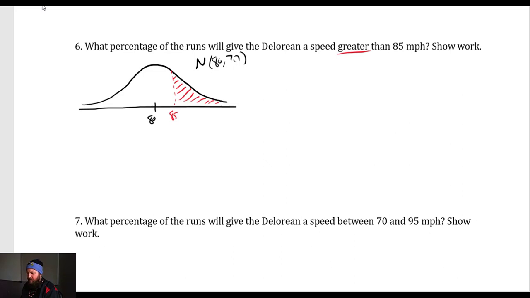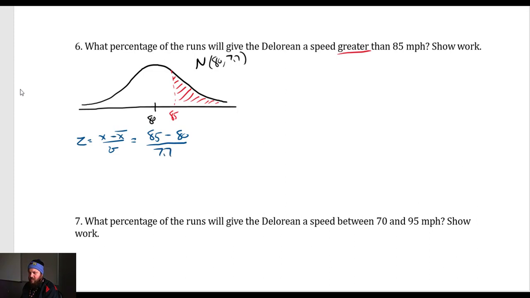So now what we need to do is find our z-score. To find our z-score, we take our value minus the mean over the standard deviation. So we have 85 minus 80 over the standard deviation of 7.7.